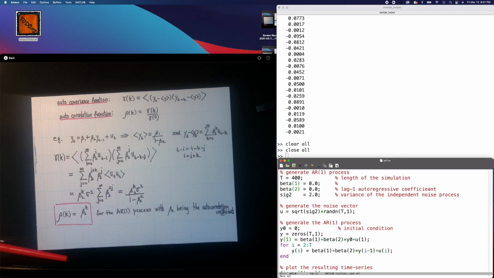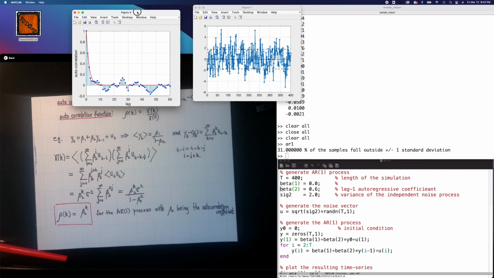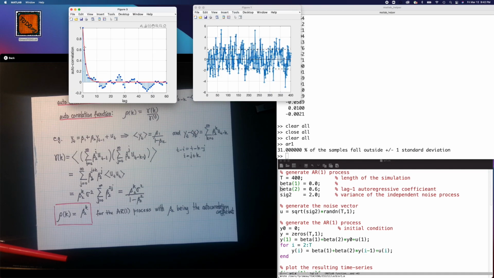Let's look at a case now where we have beta 2 different from 0. And now we can see that the autocorrelation doesn't drop to 0. There's a smooth decay. If we make the time series longer, these ones over here that are just due to sampling variability are going to be much smaller. But if we do another realization, we'll see that these autocorrelations for lags greater than 10 or so are going to fluctuate quite a bit.